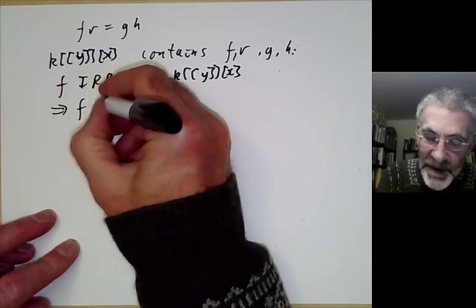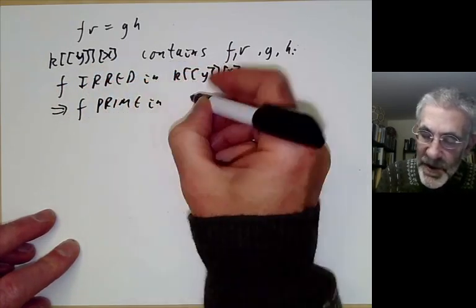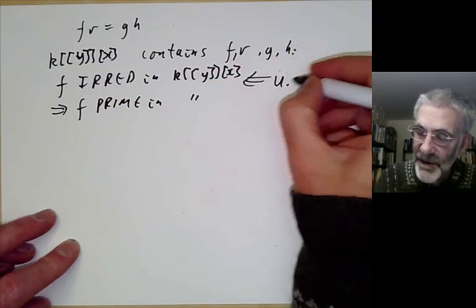So this implies f is prime in this ring here, because this ring here is a unique factorization domain.